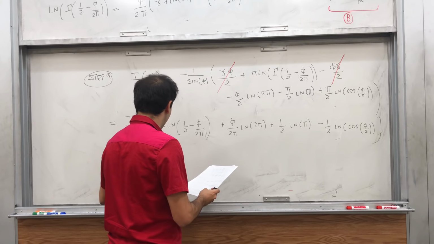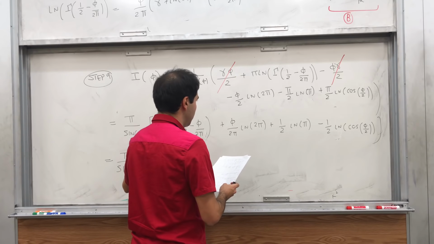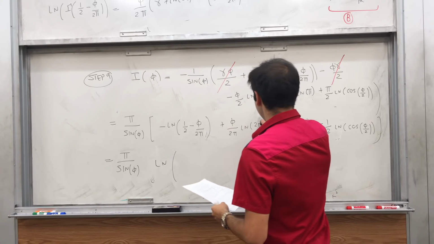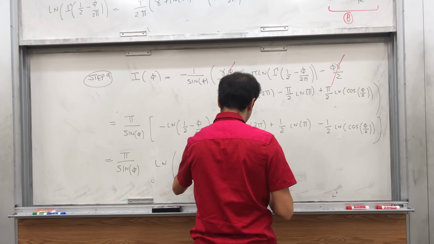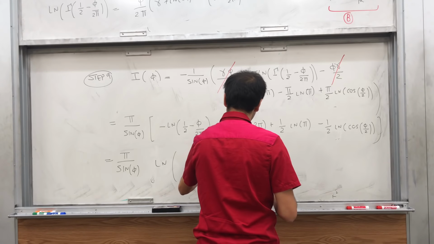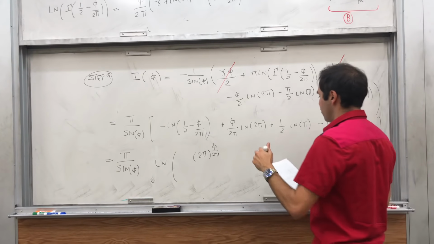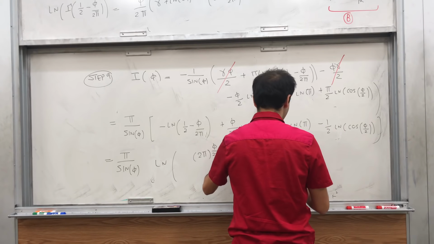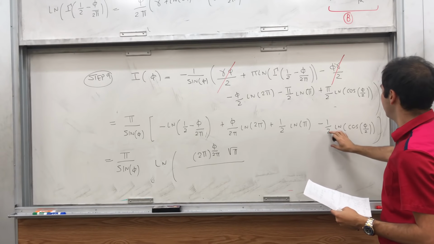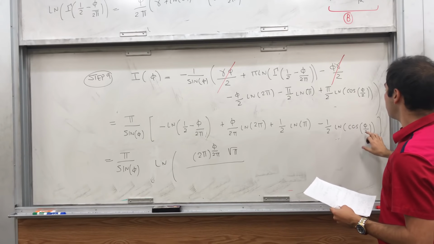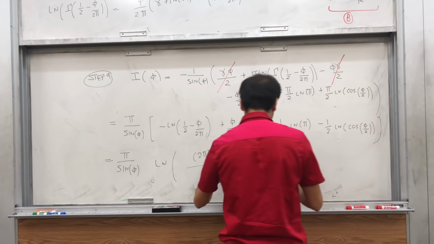So this is ln of, so this times ln of, so I guess 2 pi to the phi over 2 pi, and then 1/2 ln of pi, it's ln of square root of pi, minus 1/2 ln of cosine phi over 2, it's minus ln of square root of cosine of phi over 2, which becomes 1 over square root of cosine of phi over 2.